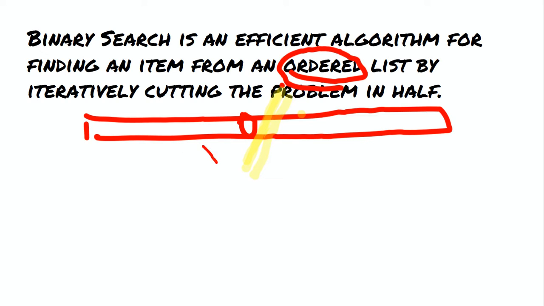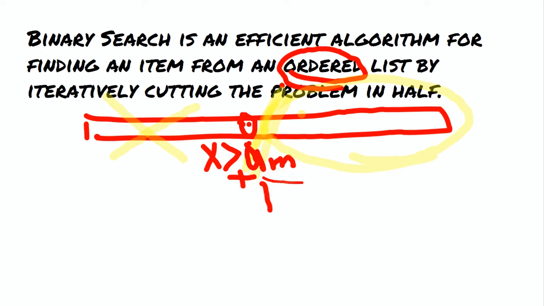If the query, say x is the query, is greater than our middle term, say a sub mid, then we know that the query is in the upper half. If this is true, then we have to abandon the first half and focus on the upper half.